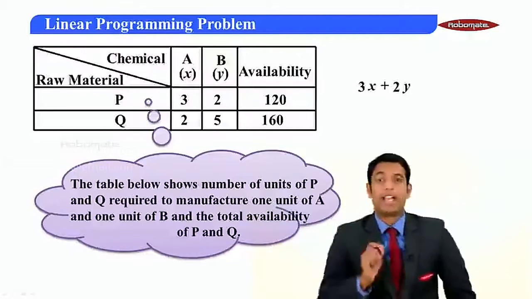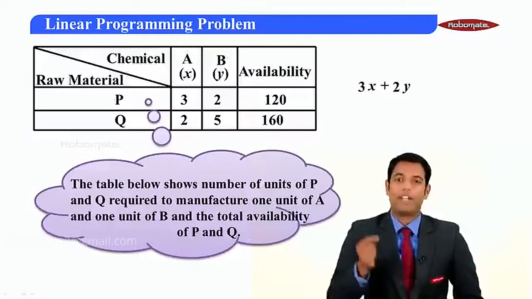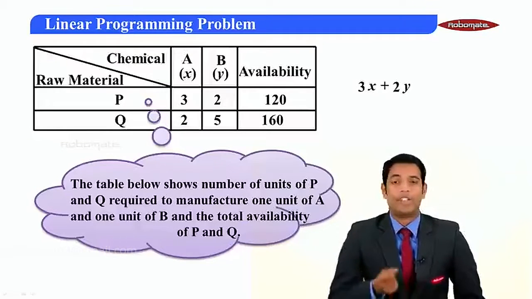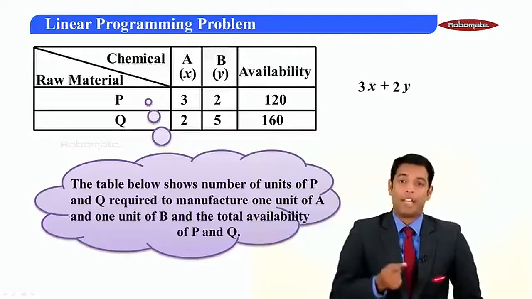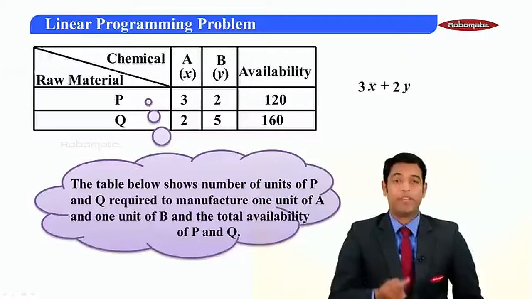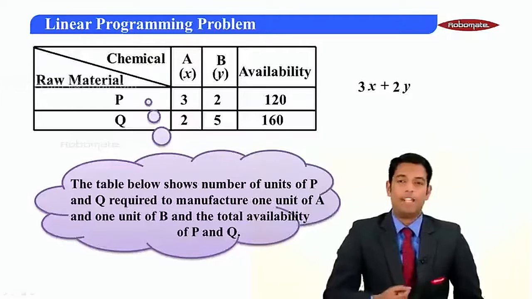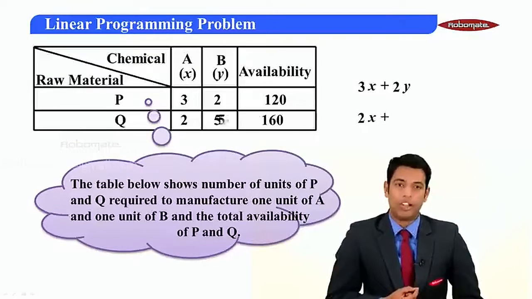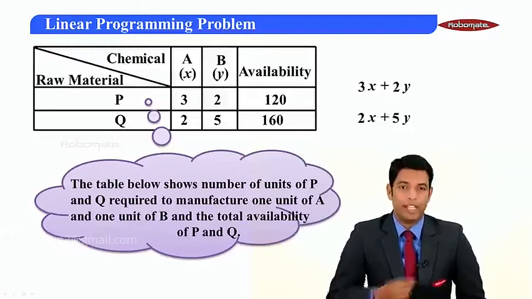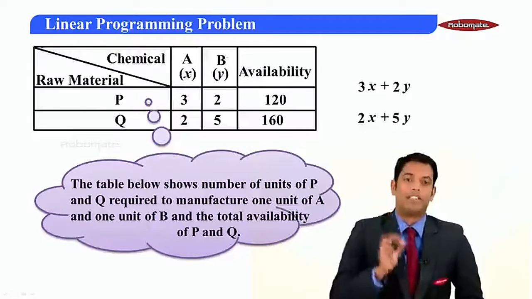Similarly, to manufacture 1 unit of A, we require 2 into x units of Q, and to manufacture y units of B, we require 5 into y units of Q. So the total amount of Q required will be 2x plus 5y.